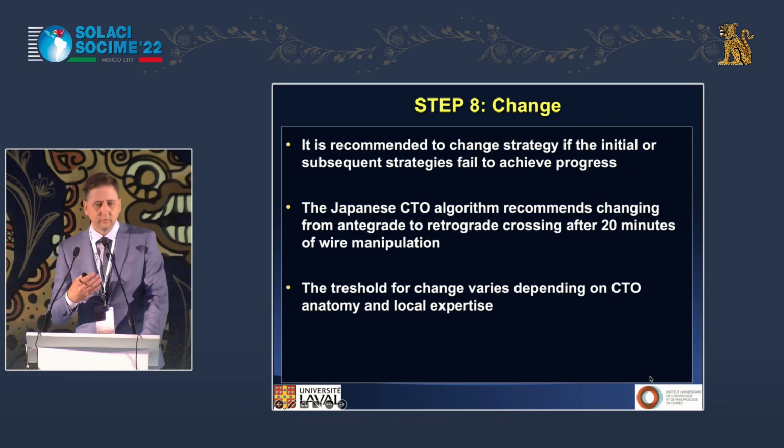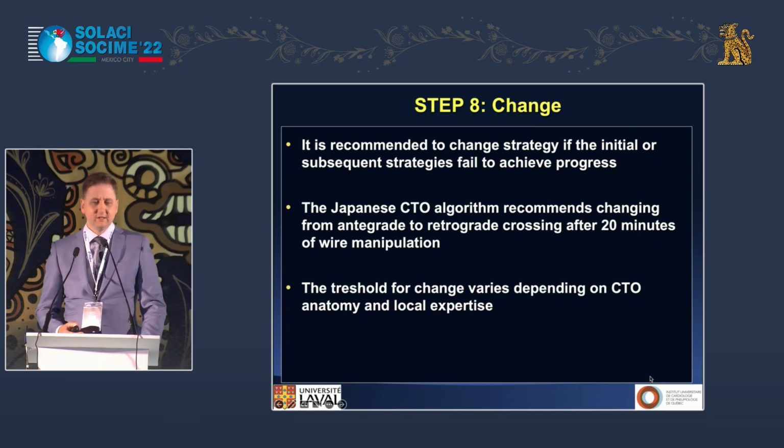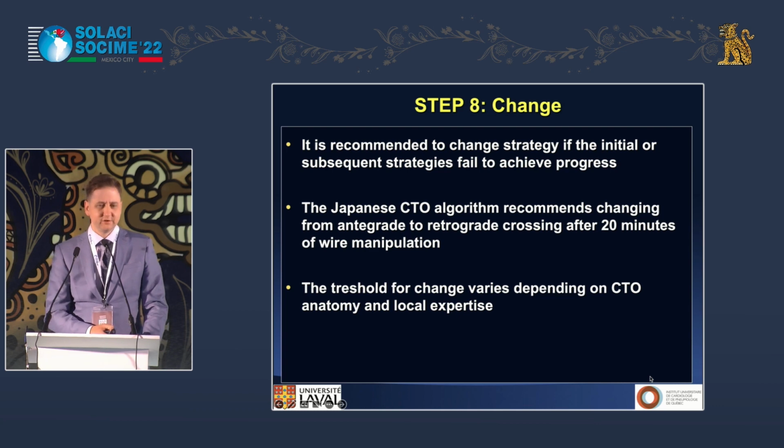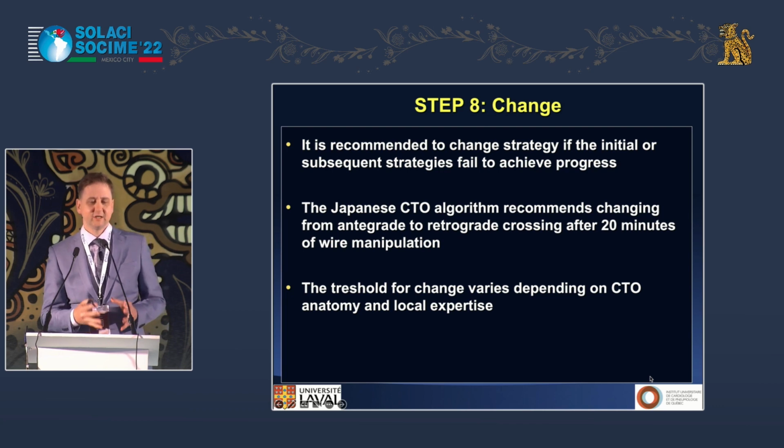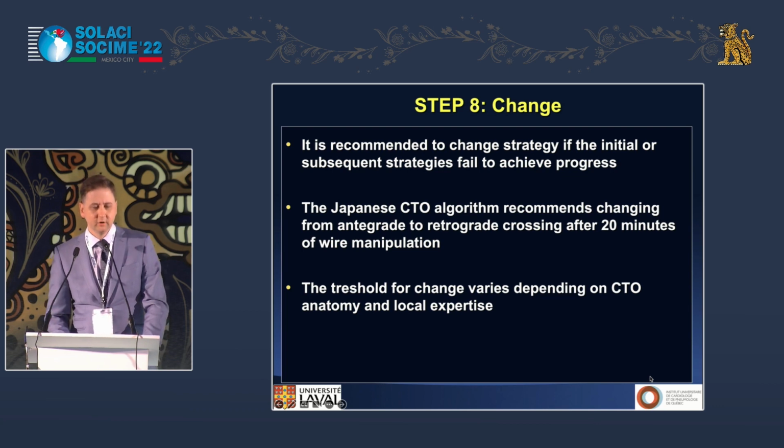It is also recommended to change strategy if the initial or subsequent strategies fail to achieve progress. For example, the Japanese CTO algorithm recommends changing from antegrade to retrograde crossing after only 20 minutes of wire manipulation. But of course, the threshold for change varies depending on CTO anatomy and local expertise.